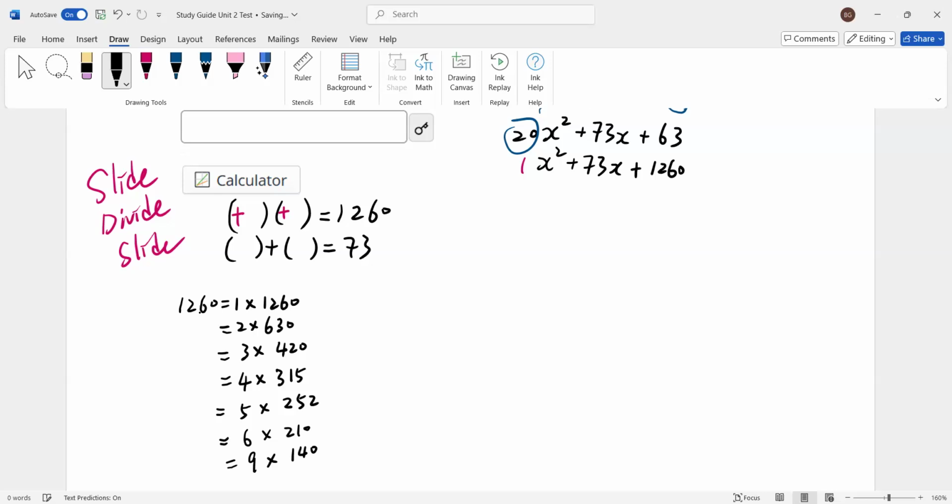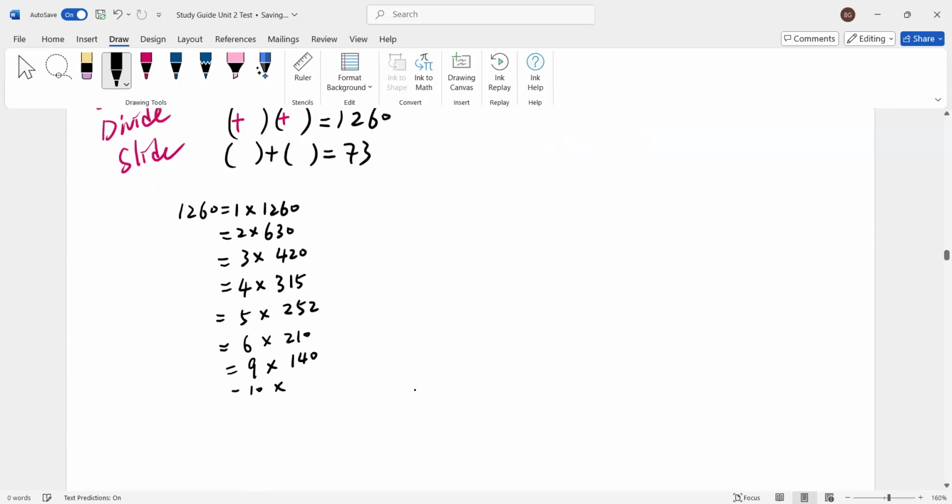If you do 10, you can have 126. 11 doesn't work. 12 works. 12 gives us 105. 13, no. 14, no. 15, what about 15? 15, yes.